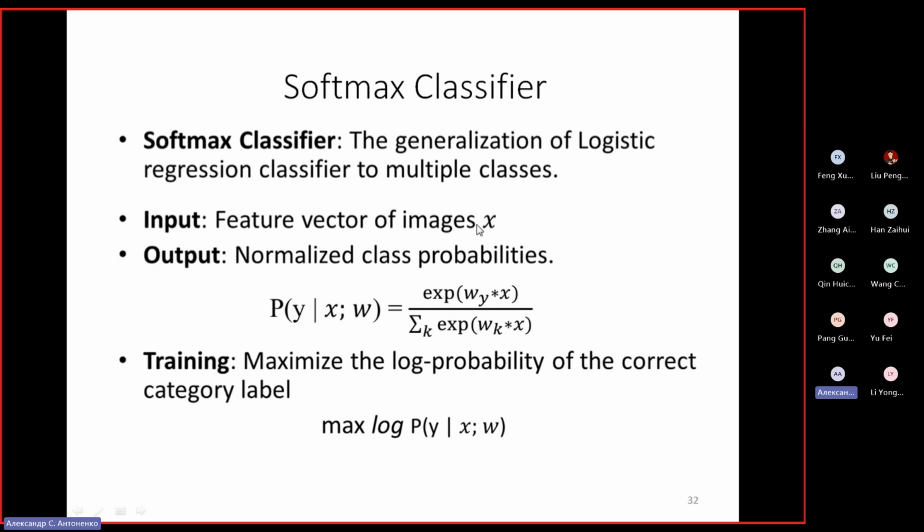Using this vector x, we can compute some value for each class, for class Y and each other class K, using some formula. In this case, we use multiplication by some matrix, but it can be any formula. And then we need to find the exponential of this number and divide it by the sum of exponentials of all numbers.